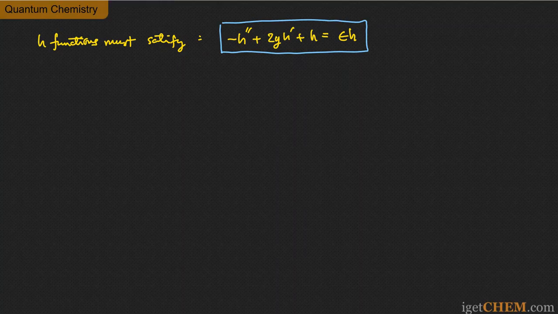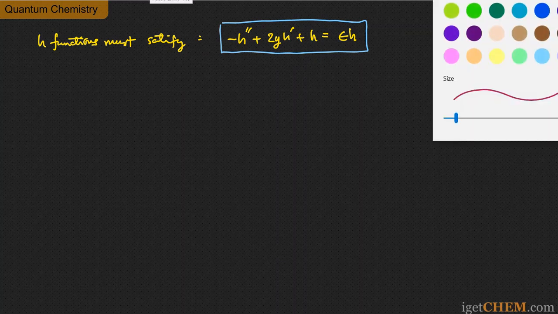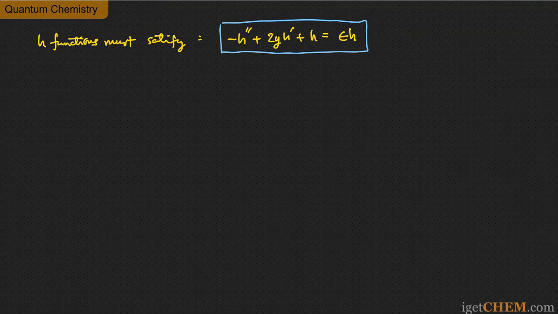So in order to prove those, we will have to first go back to this equation that tells us what the H functions are, and we need to modify that to make it a little easier.